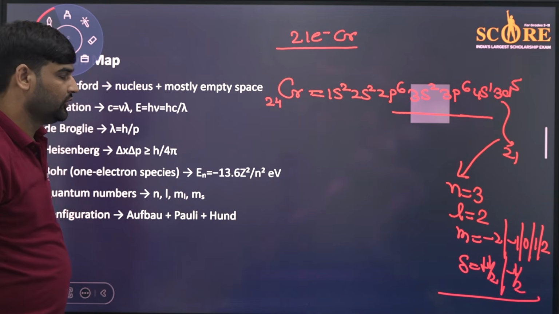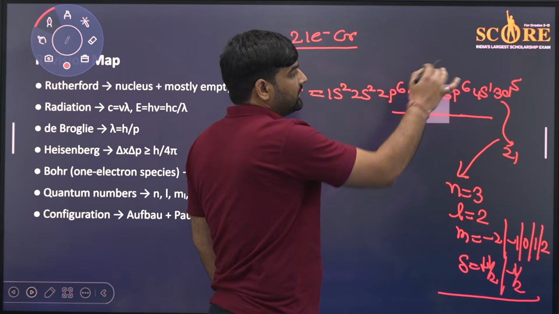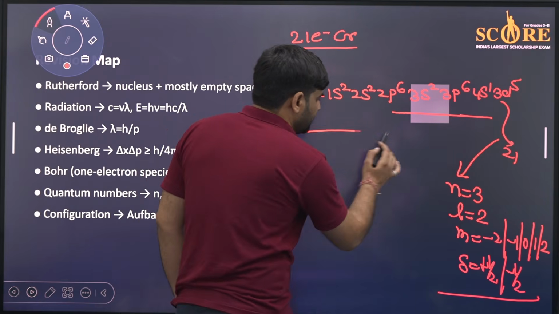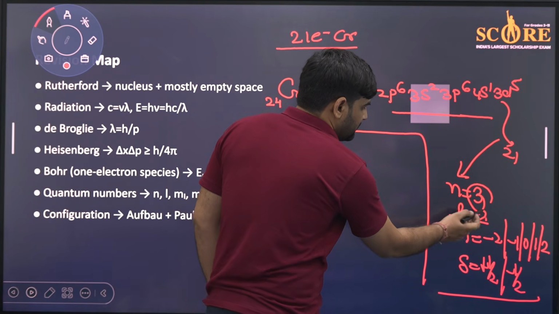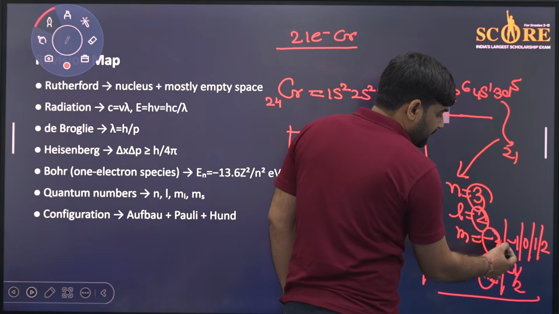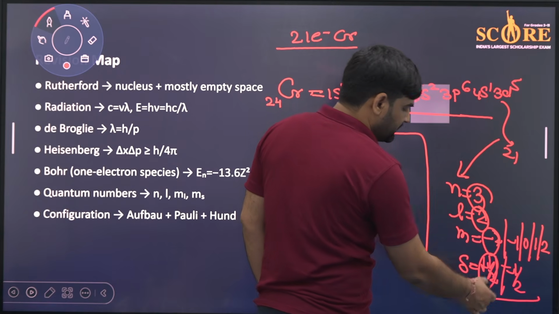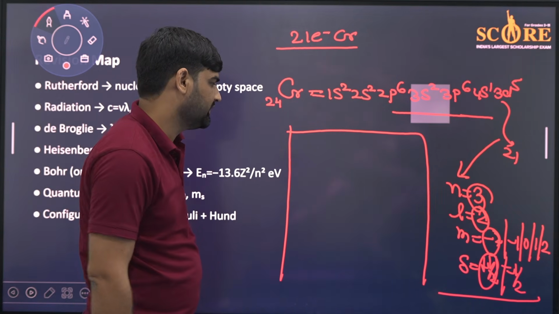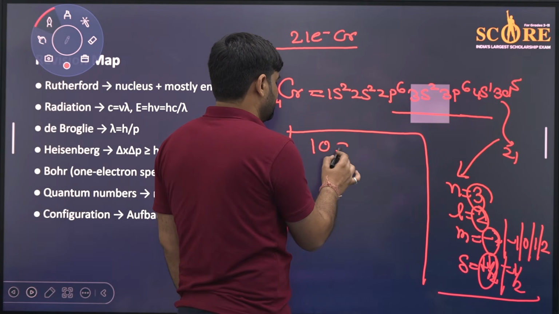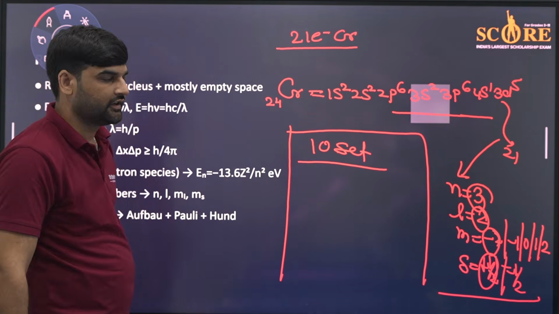So how many total possible sets of quantum numbers can be made for the 21st electron? For 5 sets of M, multiply by 2 because we have S +½ and -½. So the total possible sets of quantum numbers is 10. Okay.